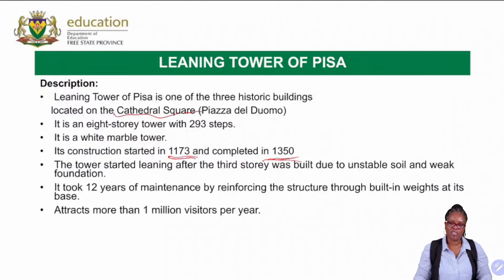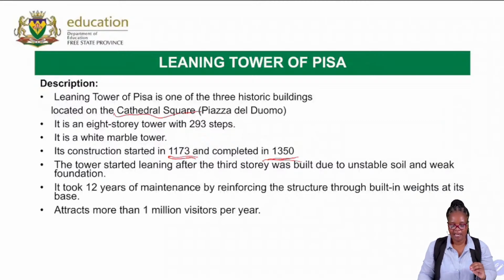And what caused it to tilt to the side is the unstable soil and weak foundation. So the weak foundation and the unstable soil caused the tower to tilt to each side. This was a mistake that was made by the builders, because they didn't detect that the soil was unstable.